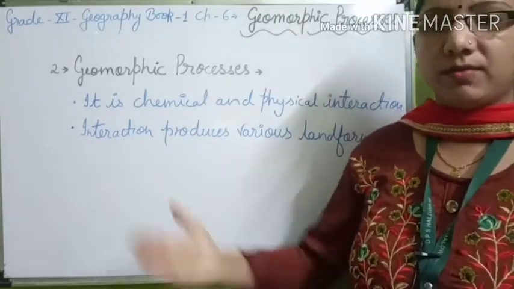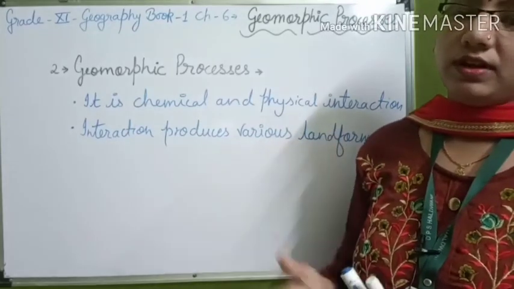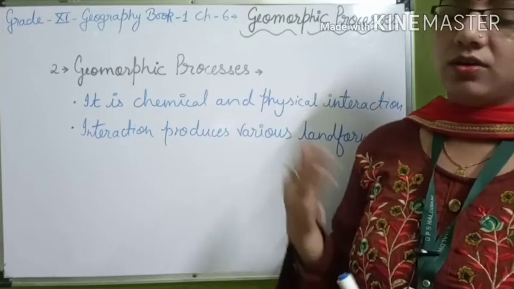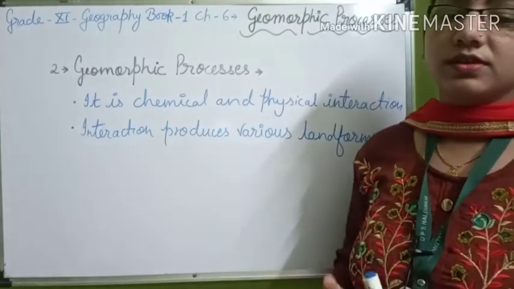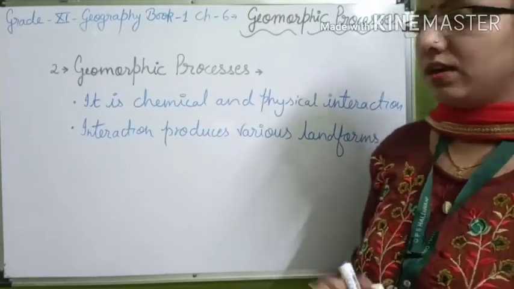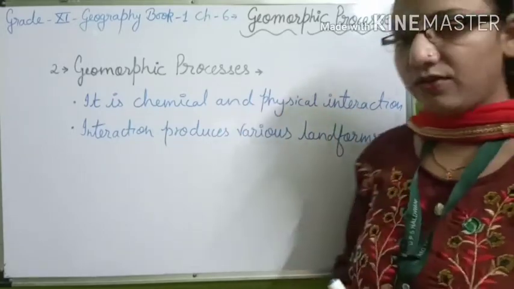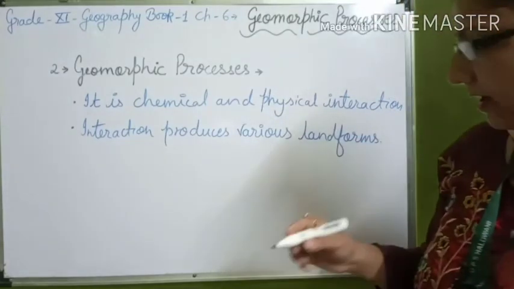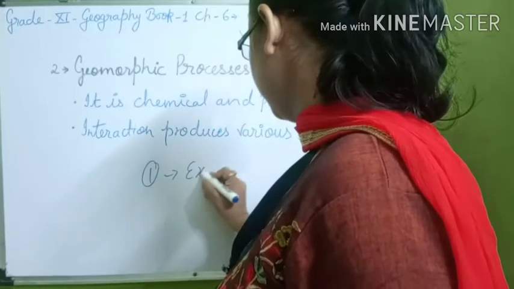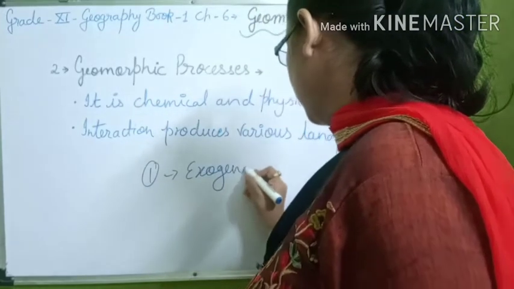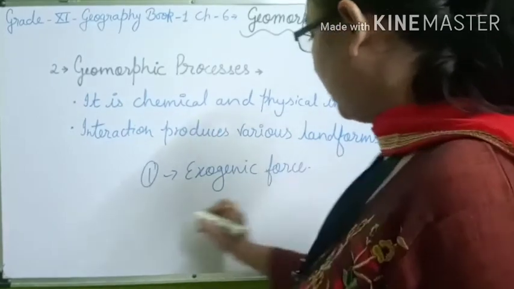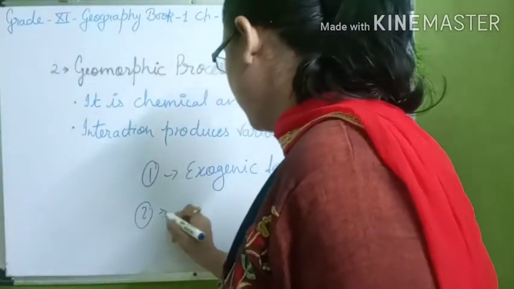So what we can say is that, as I already told you, the geomorphic process is classified into two parts, which form the different landforms as well. So what are these parts? First it is exogenic forces, and second is endogenic forces.